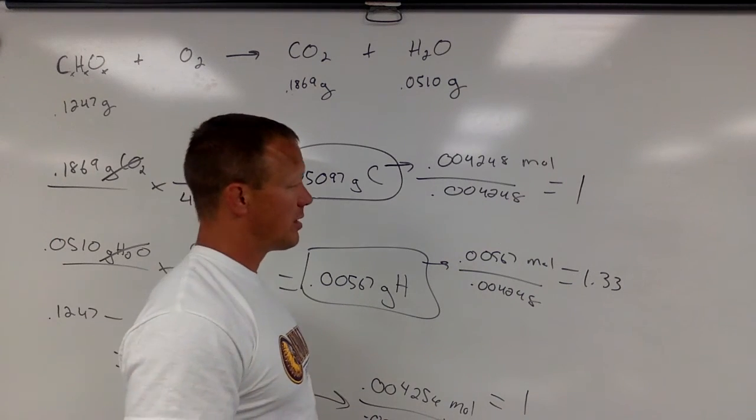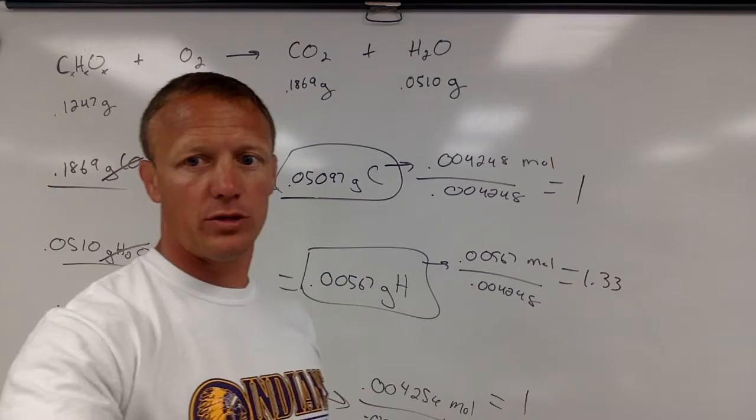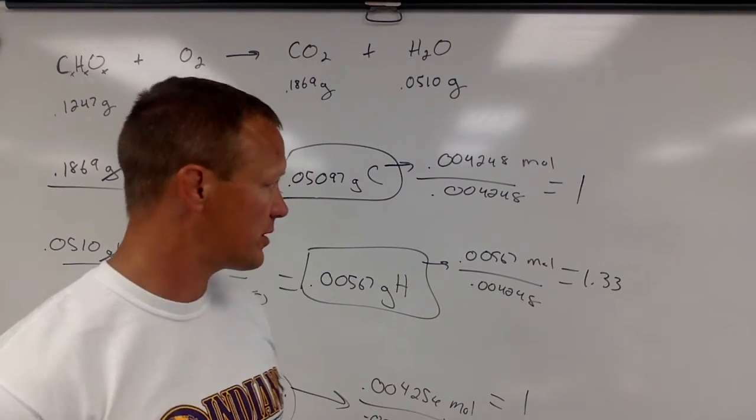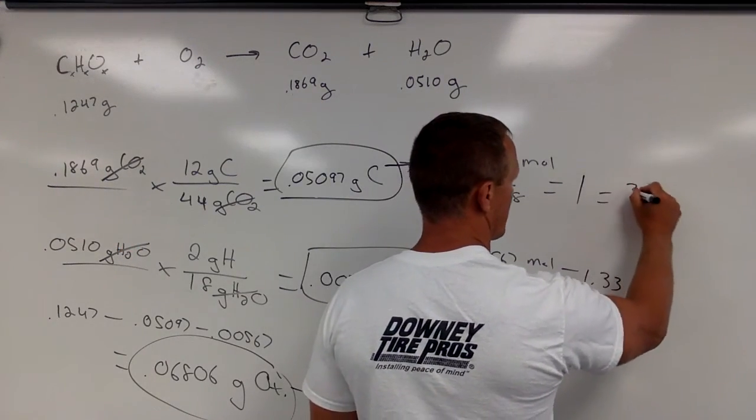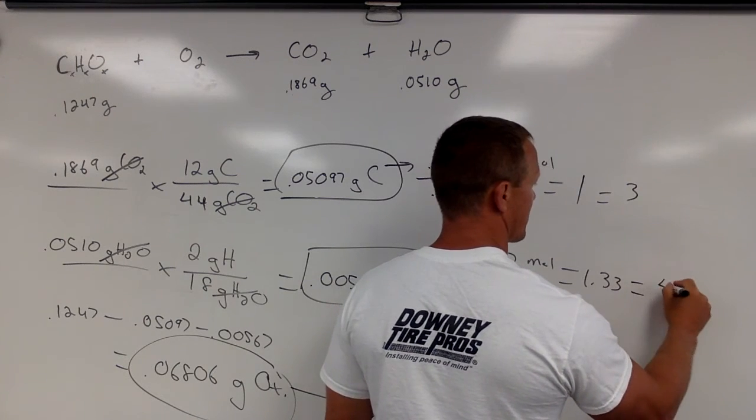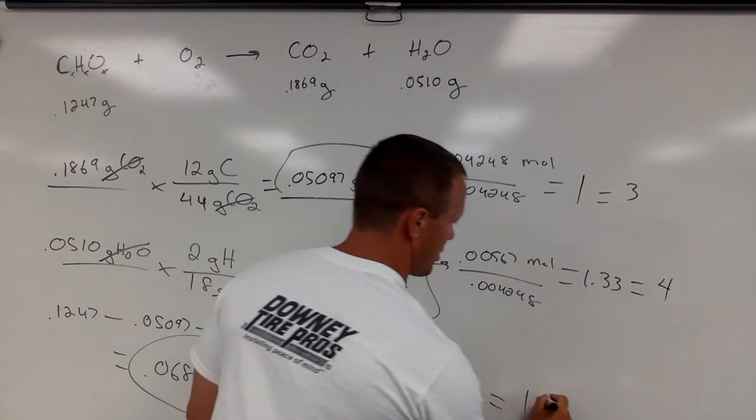So to get that into whole numbers, I can just triple it. So this becomes a 3, that becomes basically 3.9904, and that becomes 3.